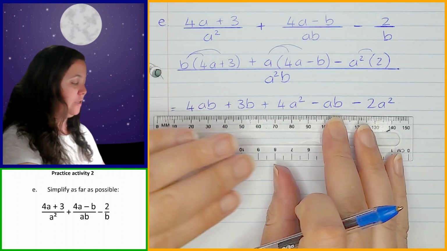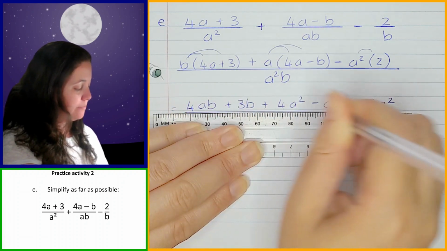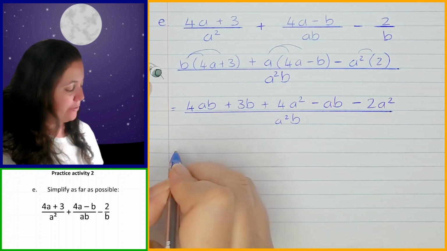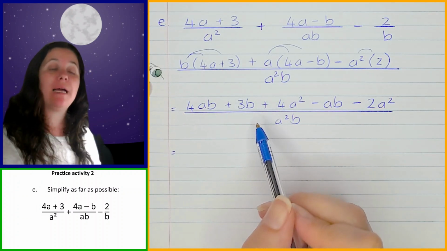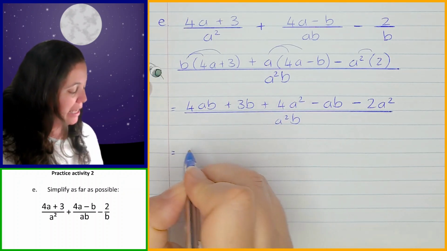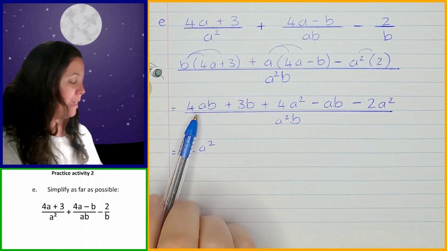Okay, so now let's go and simplify that. We're going to go and combine our like terms. Okay, so over here, first I'm going to do my a squareds. So I've got 4a squared minus 2a squared. That is 2a squared. Then I'm going to go on to my ab's.